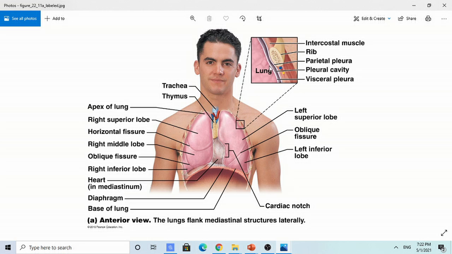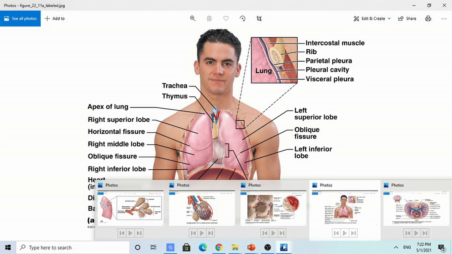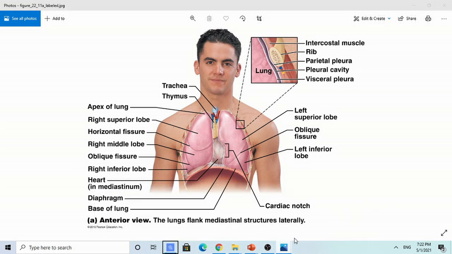This layer, which is adhered to the lungs, is known as visceral pleura, and the other one, which lines the interior of the thoracic cavity, is known as parietal pleura. In between them is the pleural cavity or pleural space.